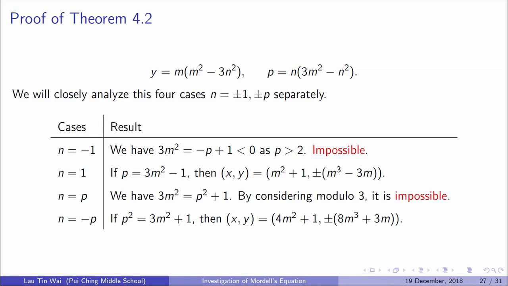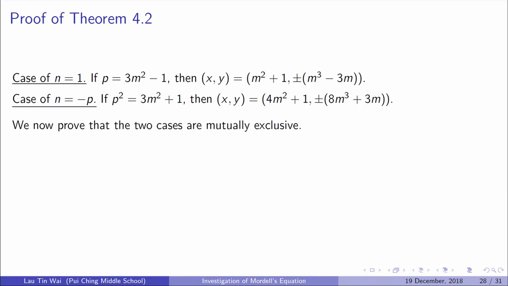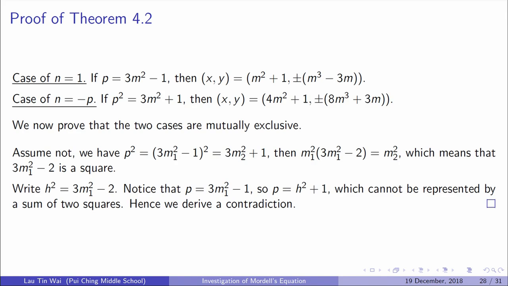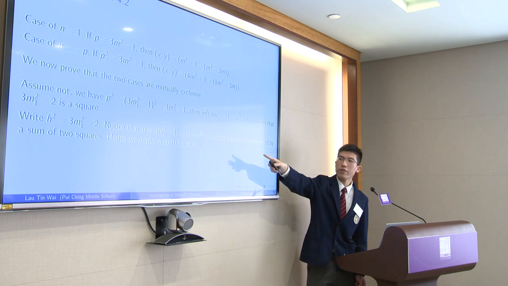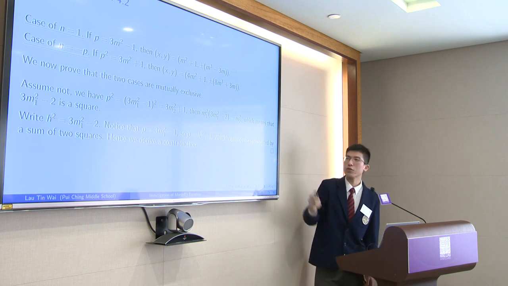In here, notice that n equal to minus 1 and n equal to p are impossible considering some properties of the equation. And for n equal to 1 and n equal to minus p, I can actually find two solutions. To prove they are mutually exclusive, we can write p as satisfying both conditions, where I can write it further to be a sum of 2 squares, which is impossible again.